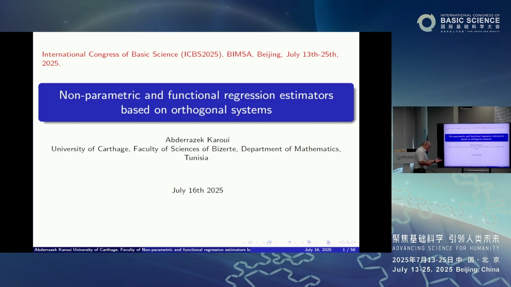We're going to talk about the curse of dimensionality, what Richard has mentioned, and also the optimal order of convergence of the estimators.